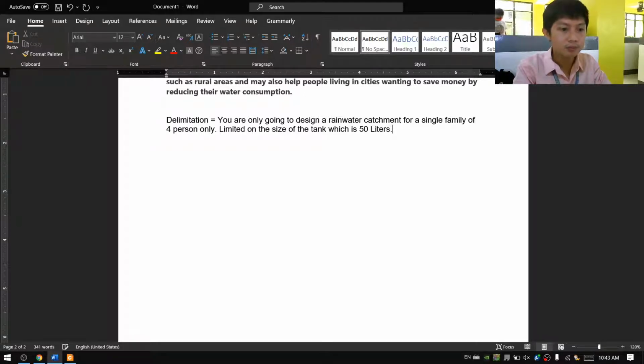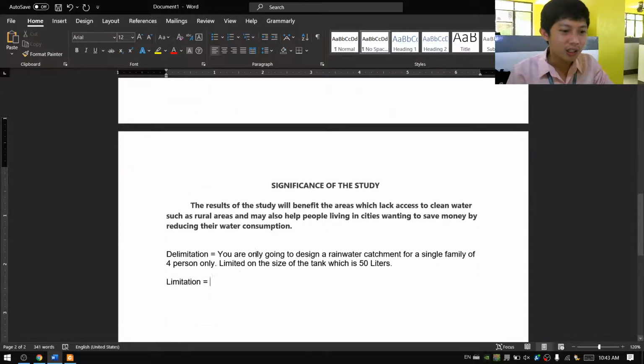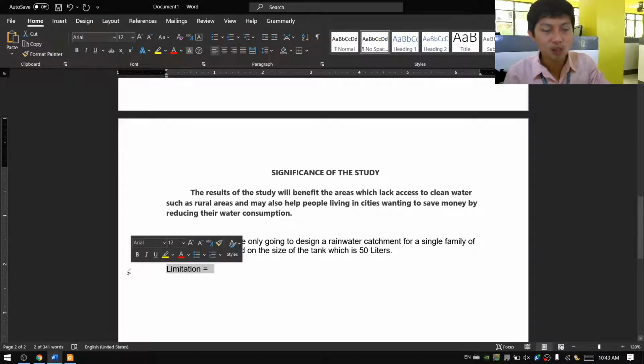Yeah. Okay, what about the limitation? Obviously, limitation is something you really cannot do at all. This is really hard for this study. That's why we don't really use limitation, because when you say limitation, it means that the kind of research that you're doing is really new.